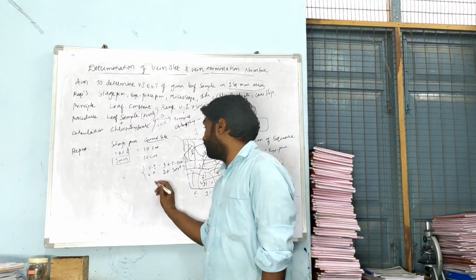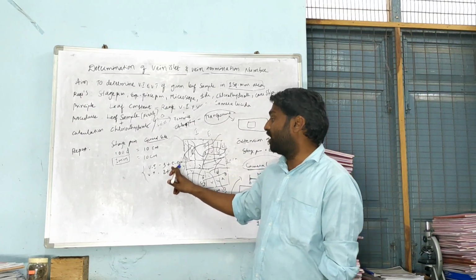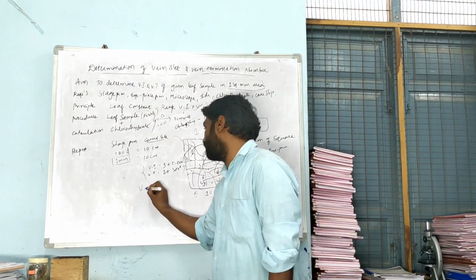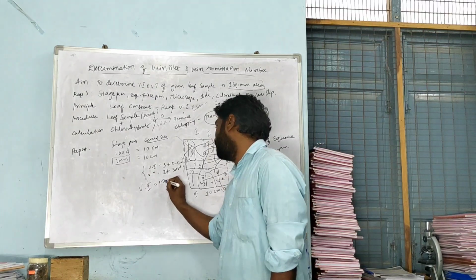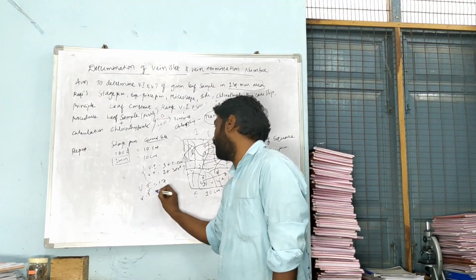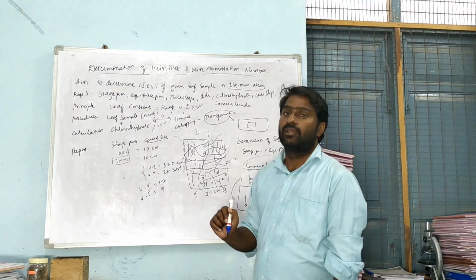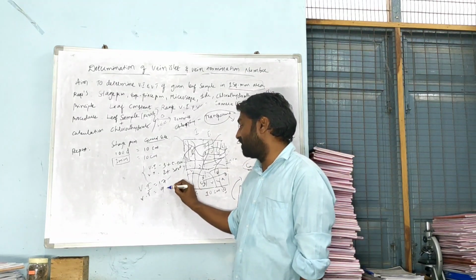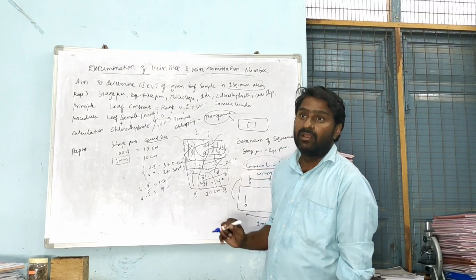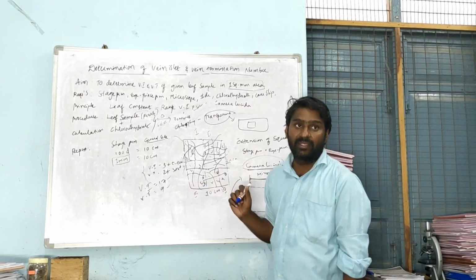On an average, what do we get? 3 plus 5, 8, plus 4, 17. So the total number of vein islets is 17, and the total number of vein terminations is 2 plus 3, 5 plus 2, plus 2, 9. So the total vein islets are 17 and vein terminations are 9, for 1 square millimeter area.